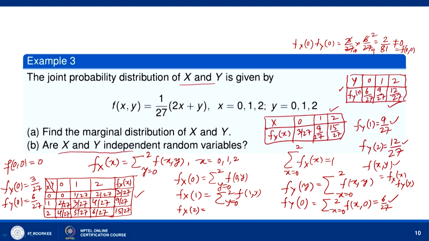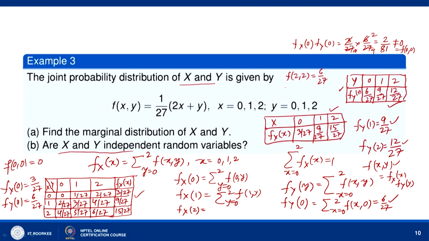Now, let us check one more pair, when x is 2 and y is 2. So, f22 is how much? You can see f22 is 6/27. So, this is f22, the joint density function when x is 2 and y is 2, 6/27.